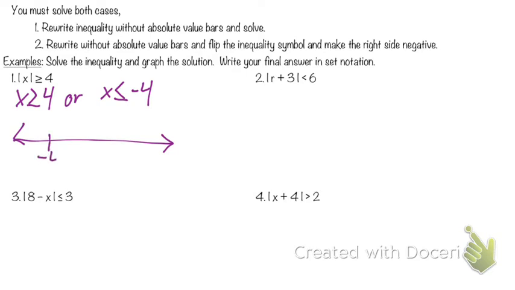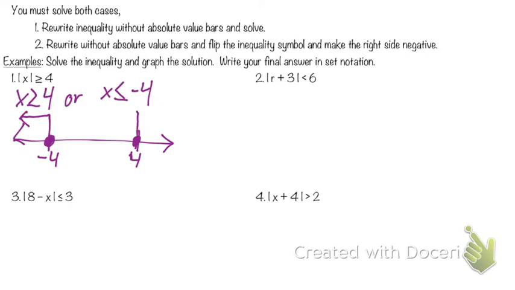So I'm going to graph a -4 and a 4. And what kind of circles am I going to have for both? Closed. Very good, Jack. Now, x is less than or equal to -4. Which direction would my arrow go from -4? To the left. Very good.